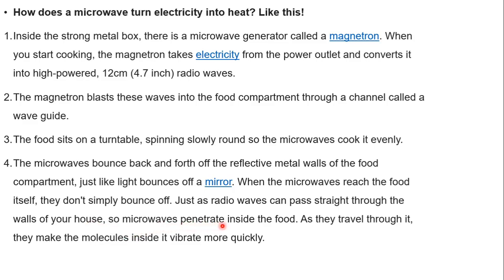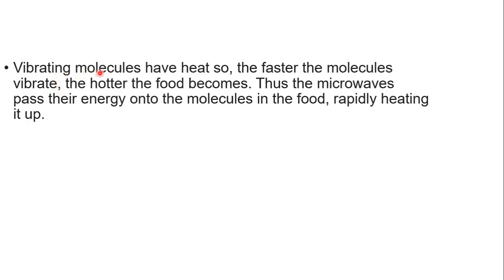So microwaves penetrate inside the food as they travel through it. They make the molecules inside it vibrate more quickly. Vibrating molecules have heat, so the faster the molecules vibrate, the hotter the food becomes. Thus, the microwaves pass their energy onto the molecules in the food, rapidly heating it up.